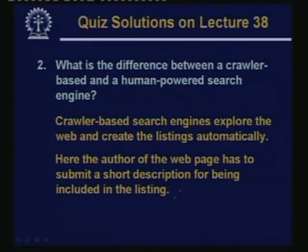However, in a human-powered engine, the author of the web page has to submit a short description for being included in the listing. So, as long as the author does not submit it, the corresponding page will not be indexed. Okay. So, for the purpose of indexing, you will have to submit the keywords and other descriptive information about your website. Fine.